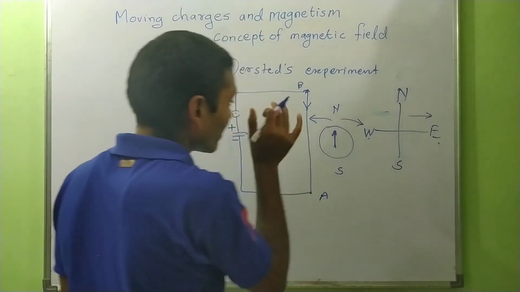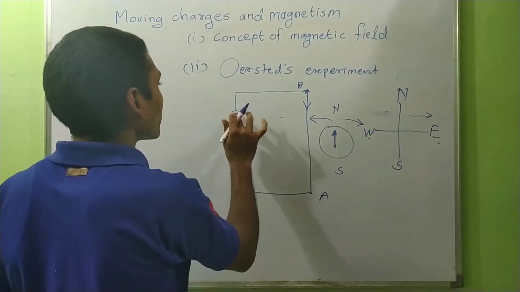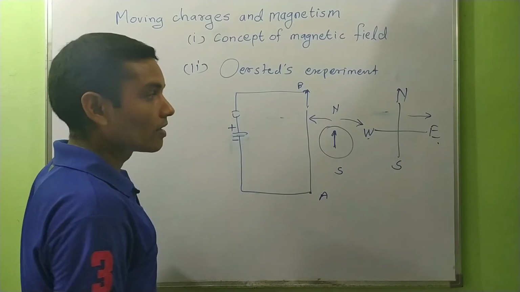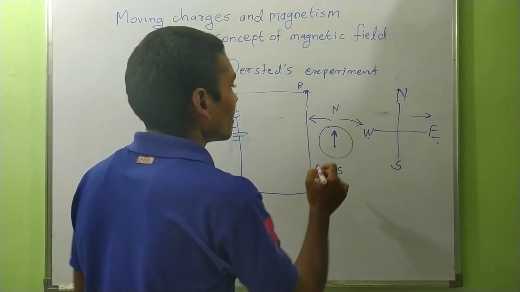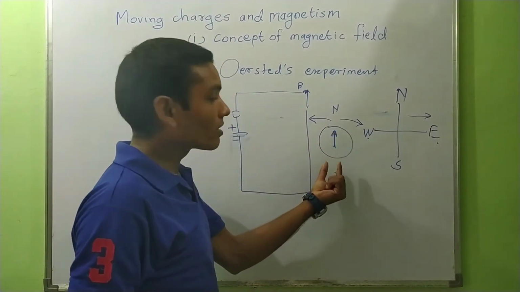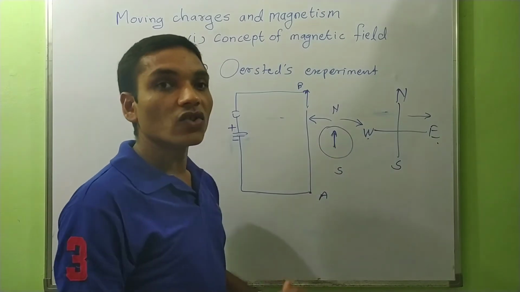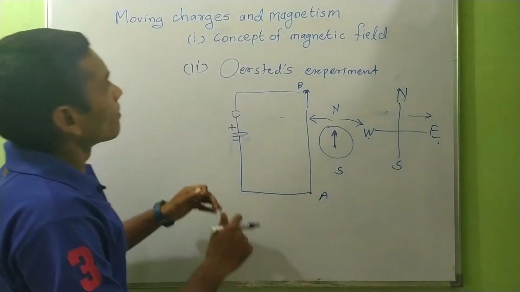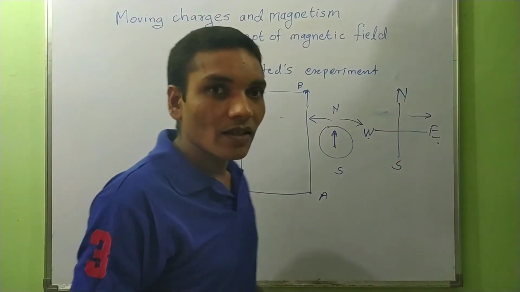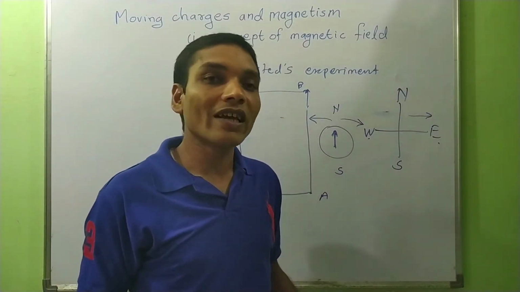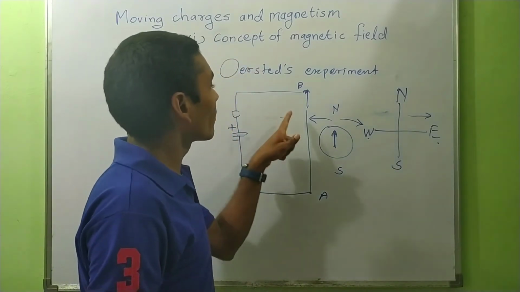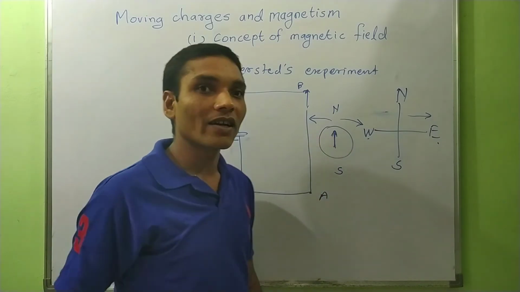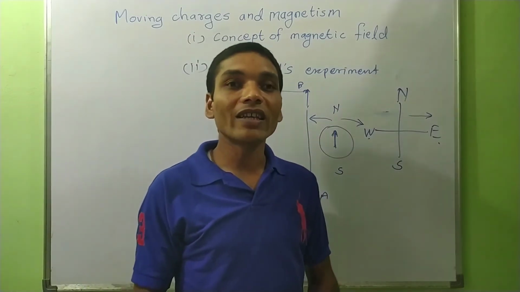Okay, and he observed that if the current is not flowing through the conductor, then the deflection in the magnetic needle is 0. By these experiments, he concluded that if the current is flowing through the conductor, a magnetic field is produced around this current carrying conductor.